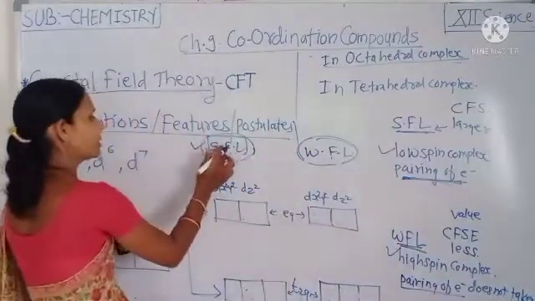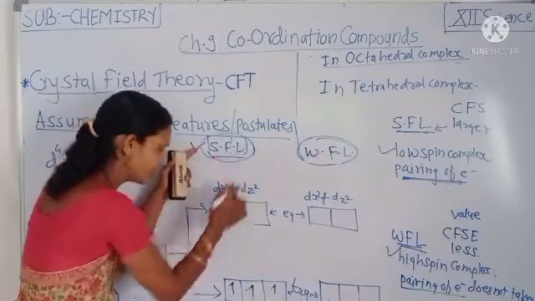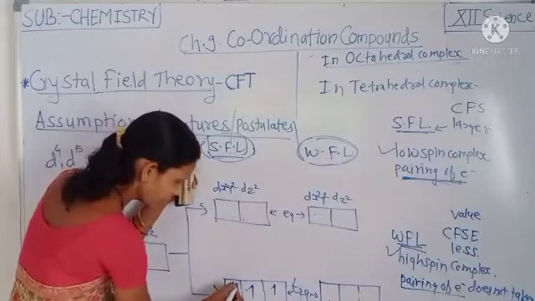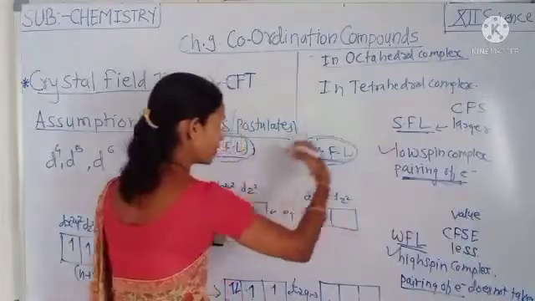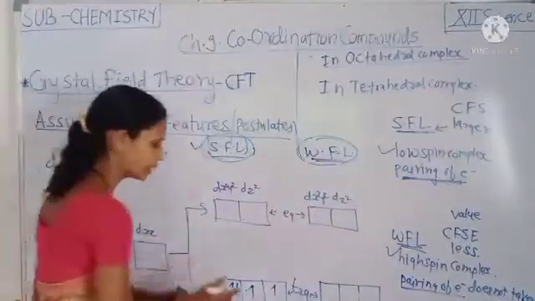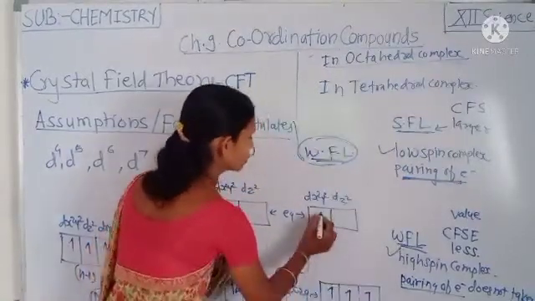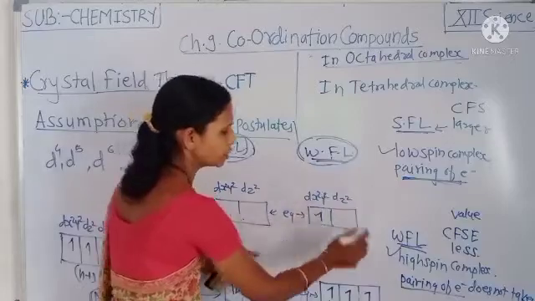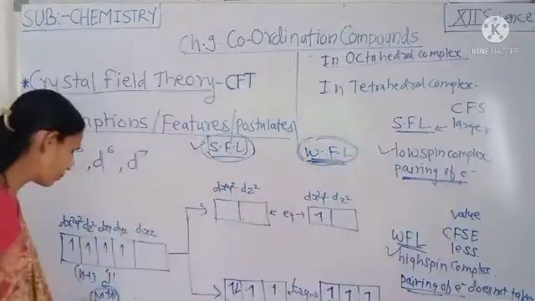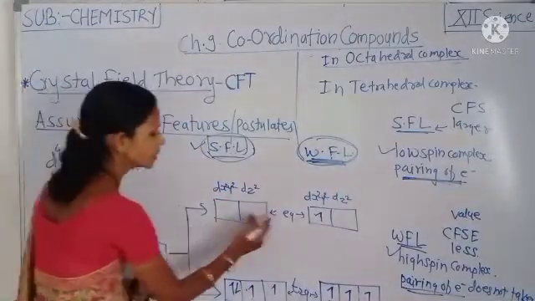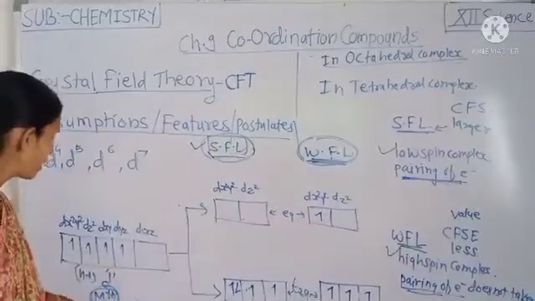If a strong field ligand approaches, the 1st, 2nd and 3rd electrons enter the T2G, and the 4th electron gets paired there. If a weak field ligand approaches, the first, second, third and 4th electrons enter the EG orbital, because pairing does not take place. So there is a difference in the electronic configuration of the d orbitals.